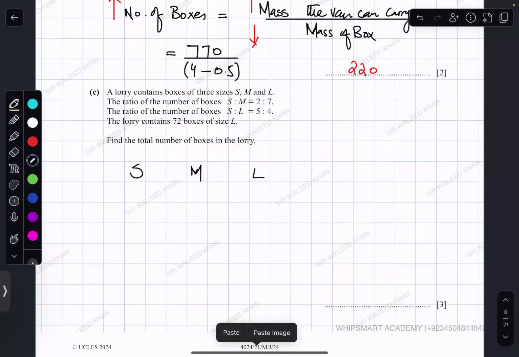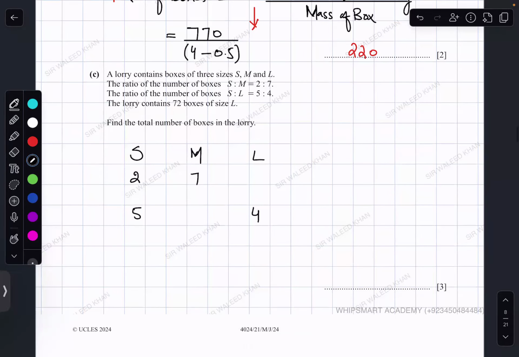The first ratio given to us is 2:7, and there is no mention of the large. And the second ratio given is small and large, 5:4. Now you can see we have one ratio which is overlapping in both the statements. Which one is that? Small, medium, and large. Which one?